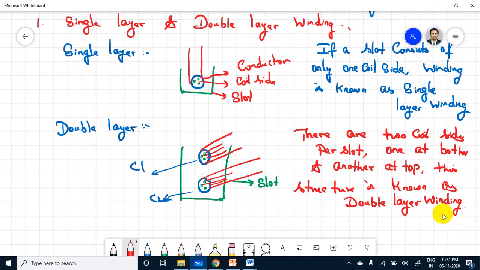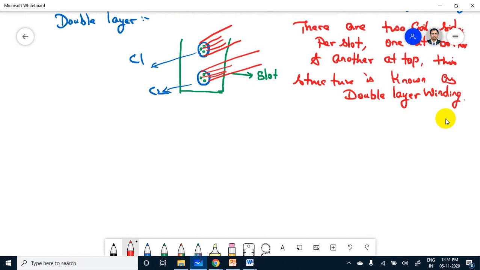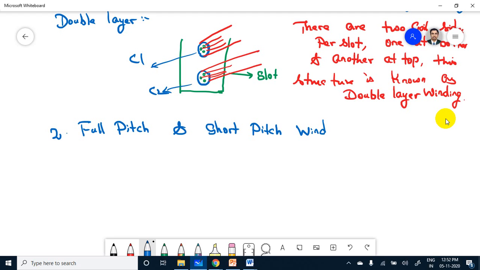The second type: find the Fourier series representation for full pitch and short pitch winding.